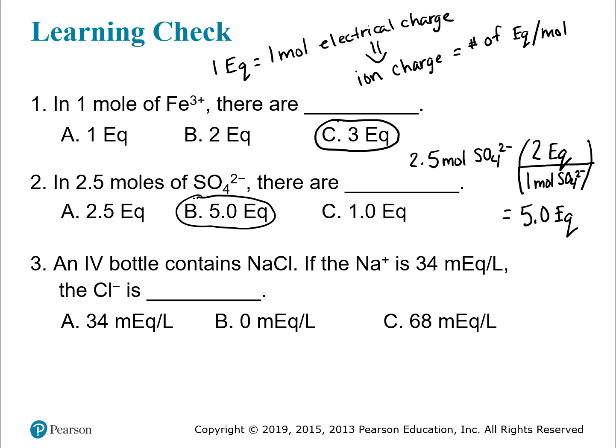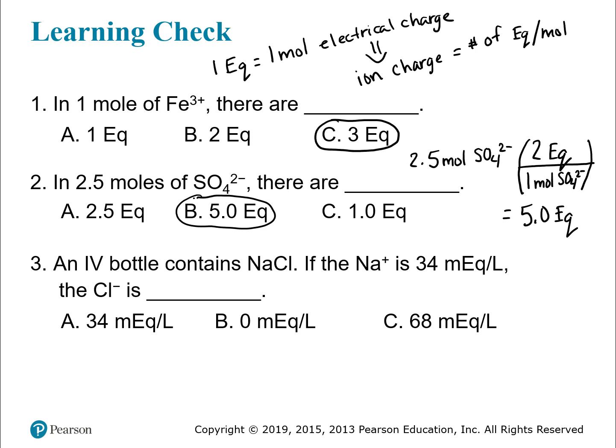So that's how you would solve that one. Figure out how many equivalents are in 1 mole. That's your equality. You write a conversion factor to take those moles of sulfate and convert to equivalents.